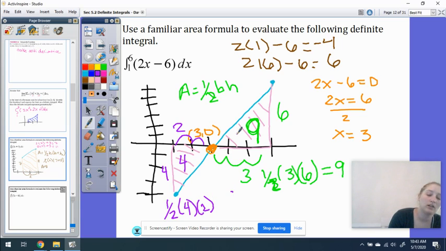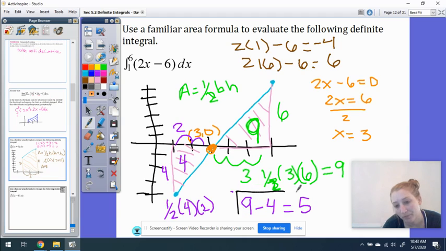And to do that, it's going to be the top area minus the bottom area. So in this case, it's going to be 9 minus 4, which is going to give me a net area of 5. Okay, you could also think of it as addition. So you could say 9 plus negative 4 if you want to think about it that way.